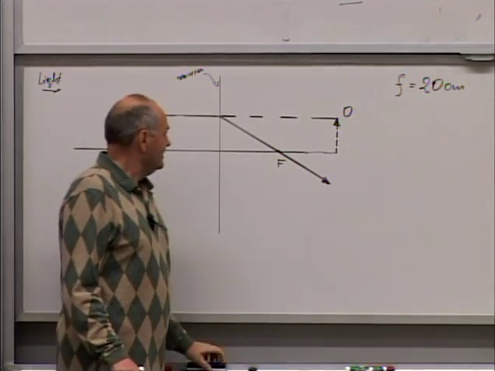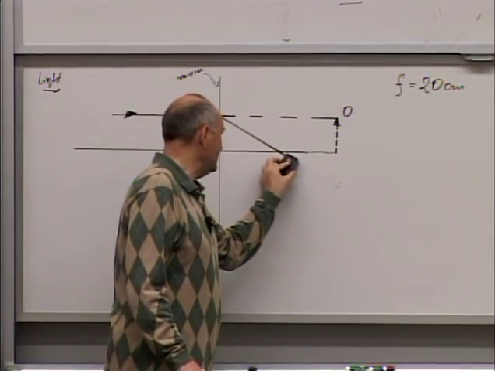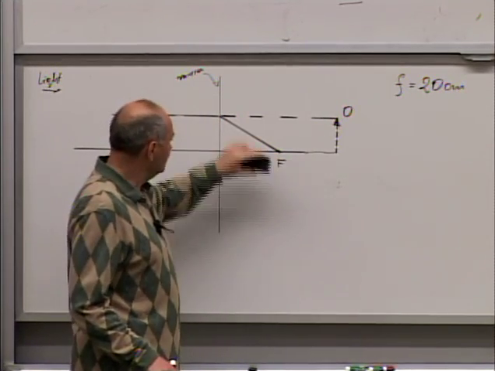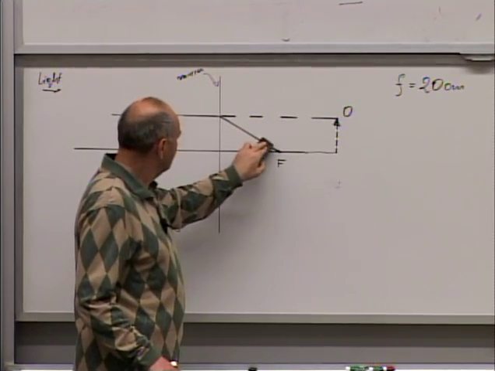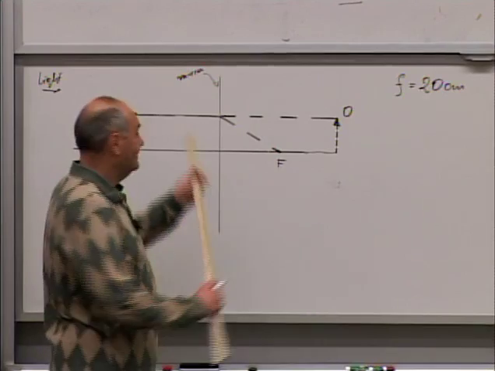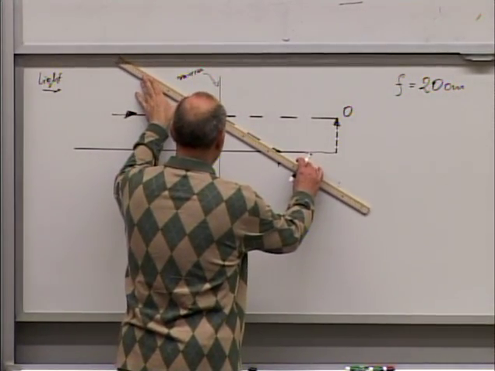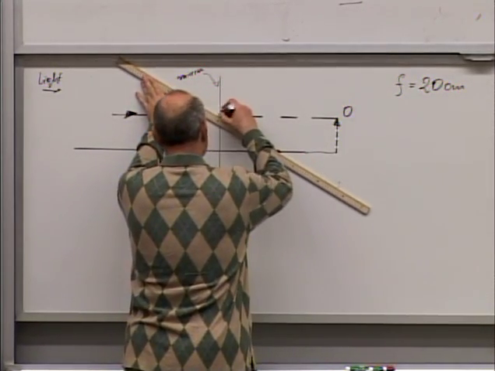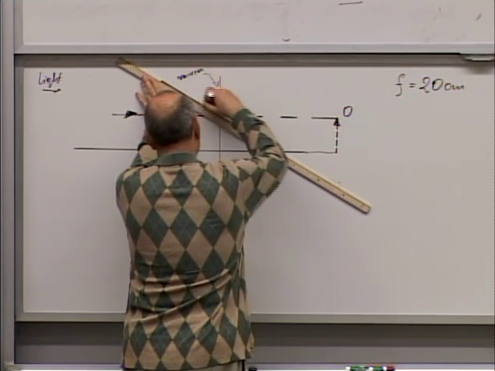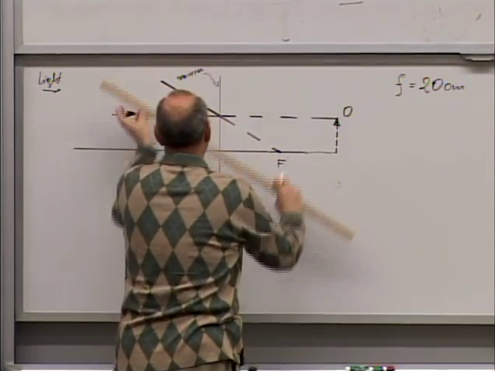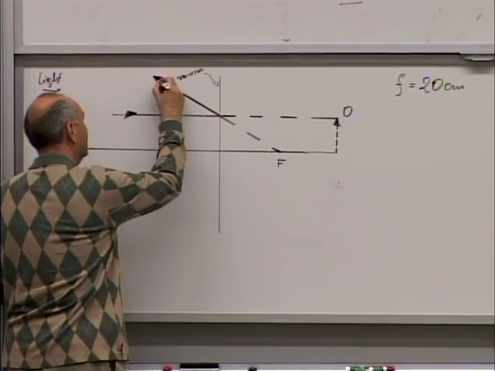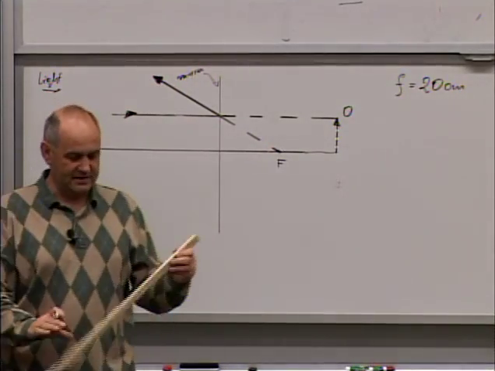So which way, however, either the ray or its extension has to pass through the focal point. It means that this is the extension. So where's the ray? Very good. It's being reflected back. All right, we took care of one ray.